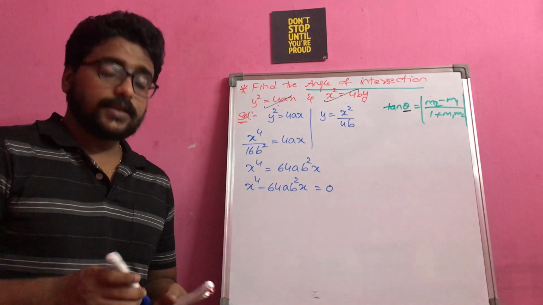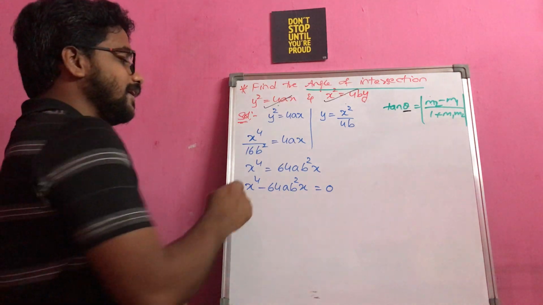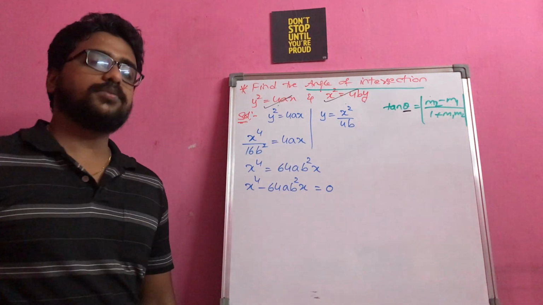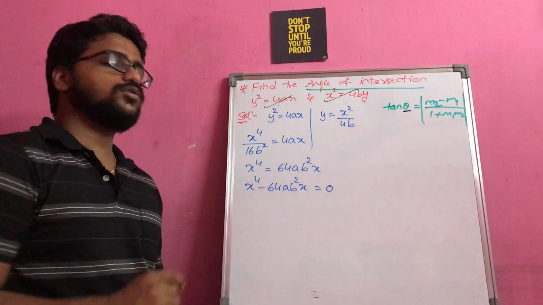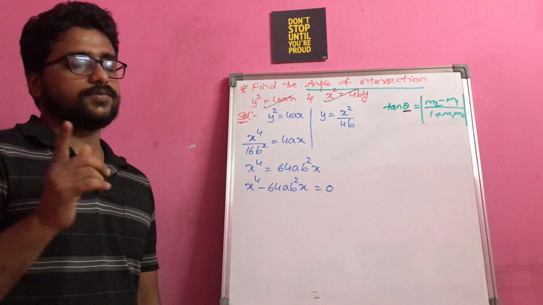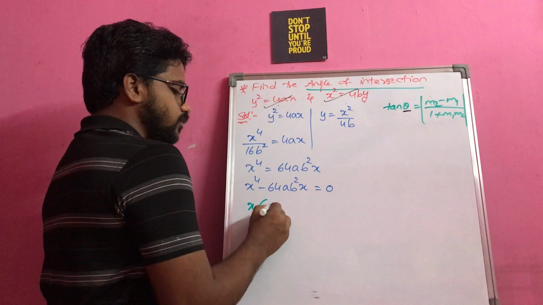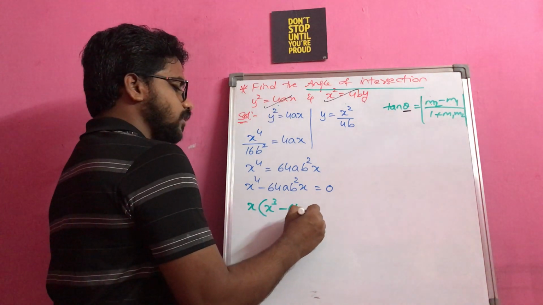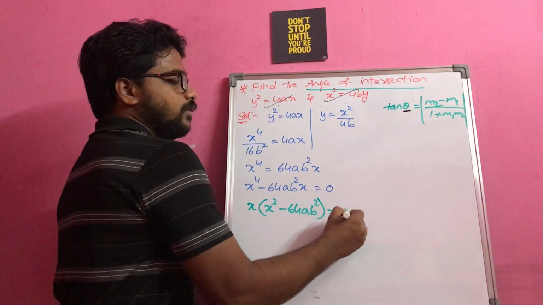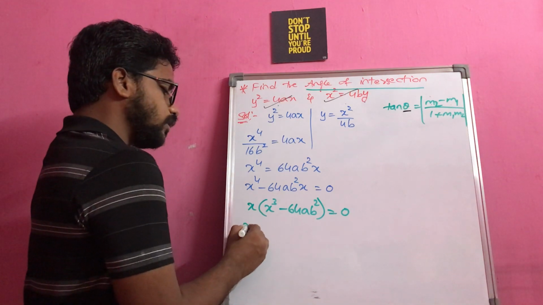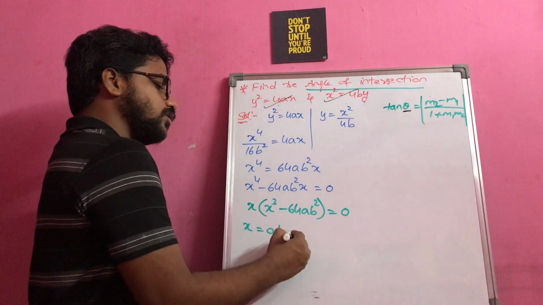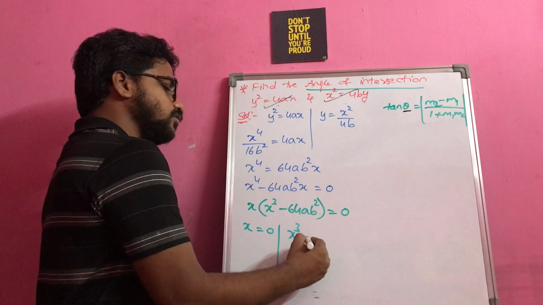The important point to notice here is why I didn't cancel out x power 4 and x. The simple reason is, if you cancel these two, you lose one root. Because of that I didn't cancel. So I can take x as common here, and I get x times x cube minus 64ab square is equal to 0. The product of two numbers is 0 means either x is equal to 0 or the other term is equal to 0.